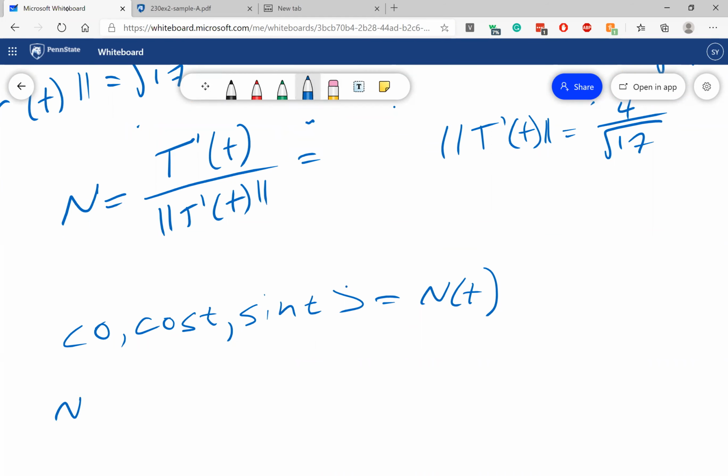So N of pi, that would be for cosine when we're here at pi, and that would be negative, yeah.